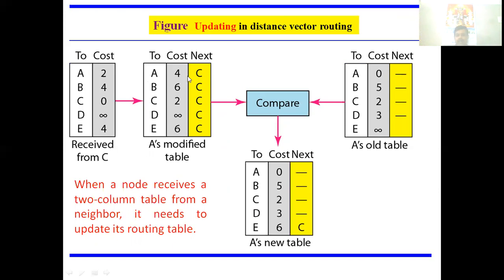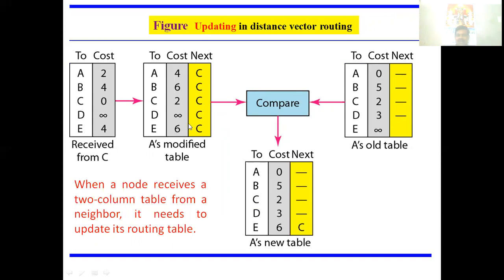Now we are comparing these two. Here the shortest value is 0, so we are taking 0. Next the smallest value is 5, so we are taking 5. Next both values are the same, so we take the same. Next the smallest value is 3, we are taking 3.